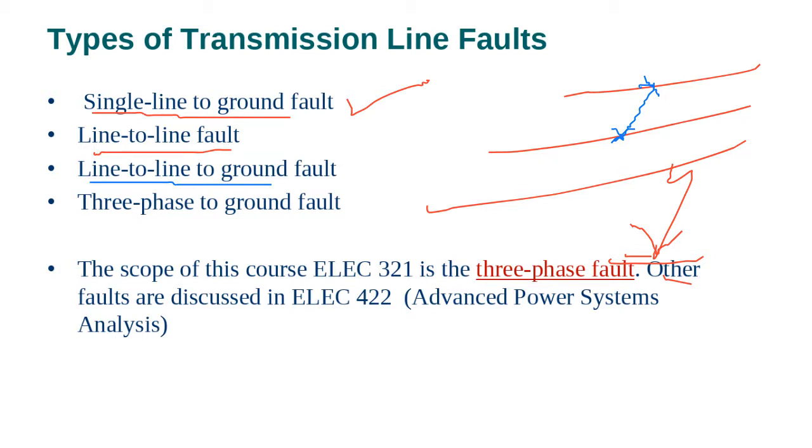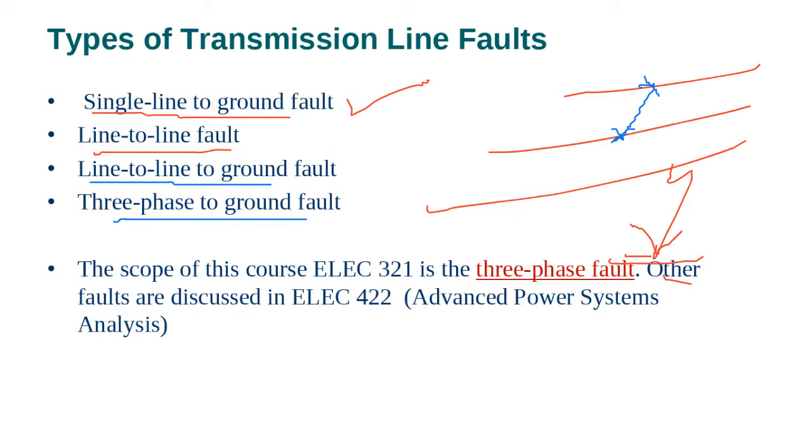The fourth type is the three phase to ground fault, all together to ground. Okay. When a tree, for example, falls on these three lines, touches all these three lines and to ground, then we get a three phase to ground fault.